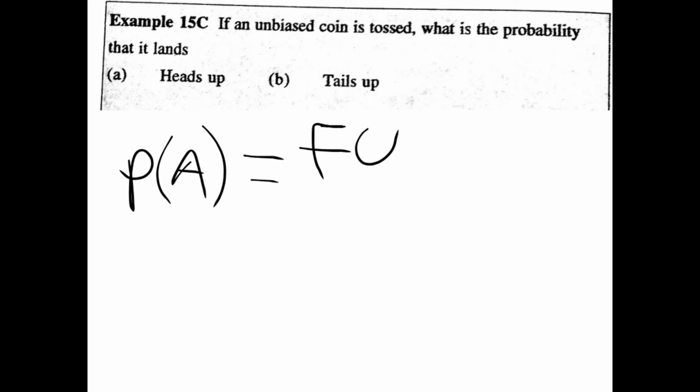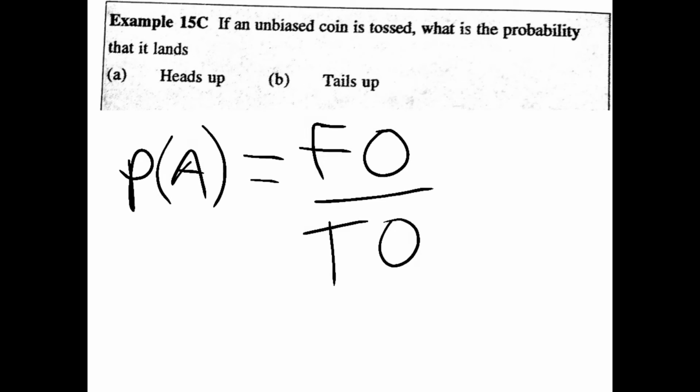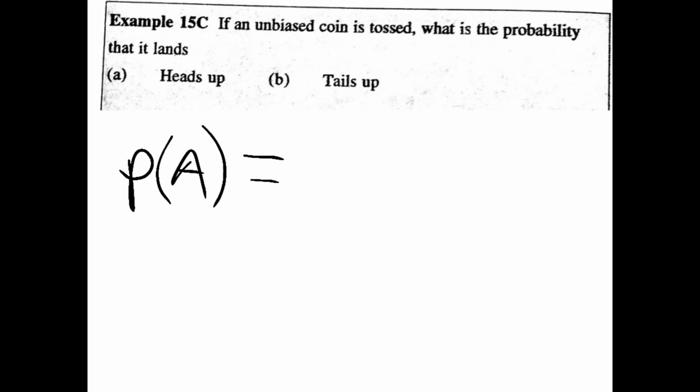Remember, our probability is defined by the ratio: probability of the event occurring is equal to favorable outcome over total outcome. So in this case, our favorable outcome, that the head will be up, is obviously 1 because there's only one head on that particular coin.